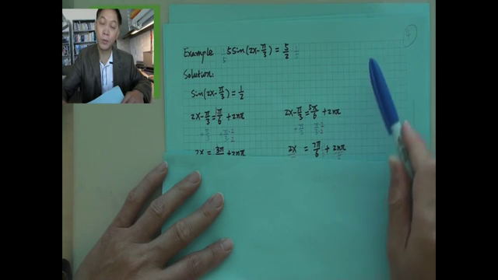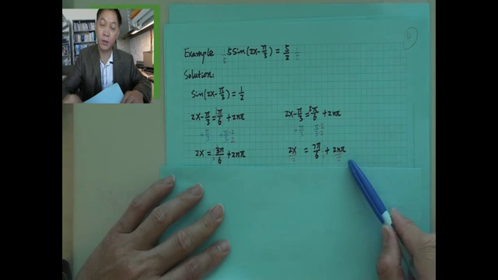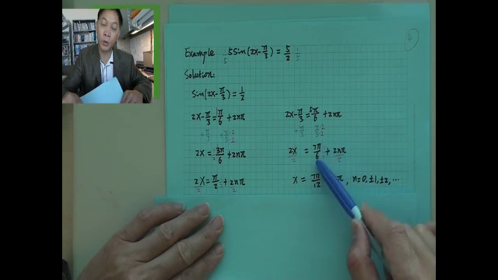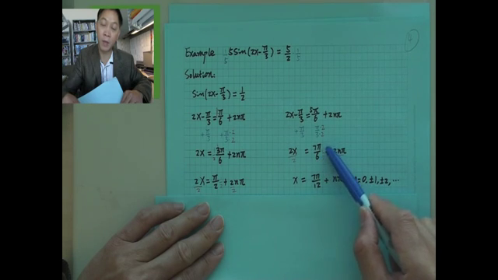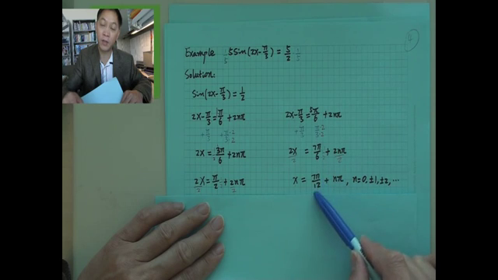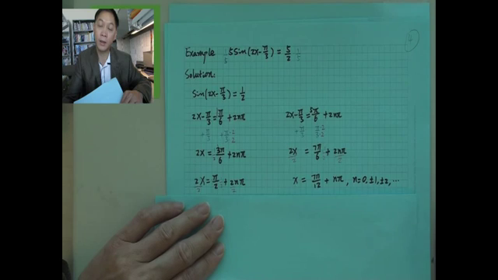Again, here is 2, all of them divided by 2. So you have x on the left, and here 7π/6 divided by 2, or times 1/2, is 7π/12 plus nπ. Okay, so that's the solution.